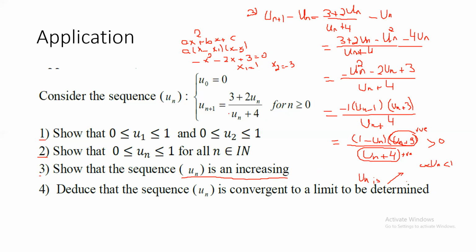The last part, deduce that UN is convergent, then determine its limit. Why UN is convergent? UN is increasing.